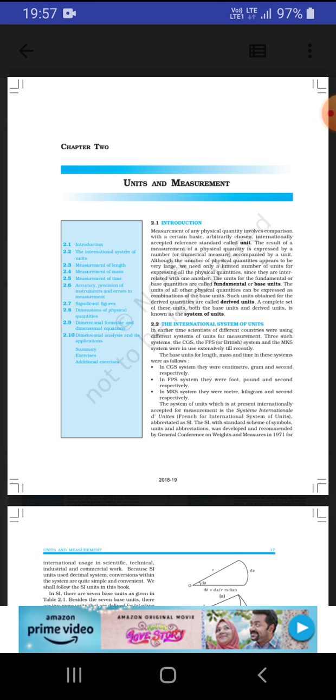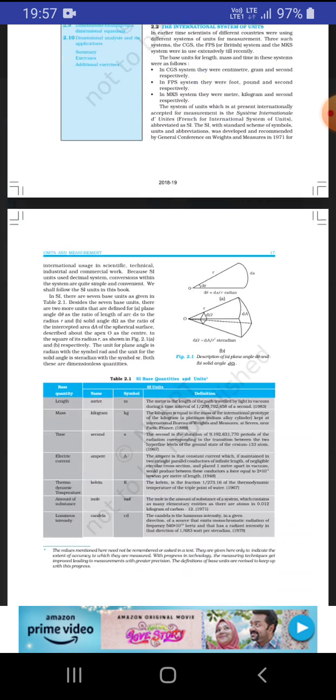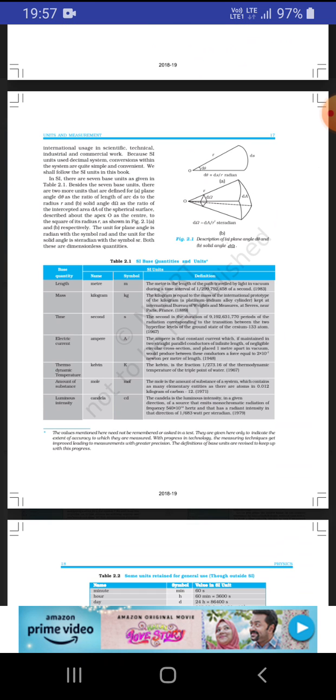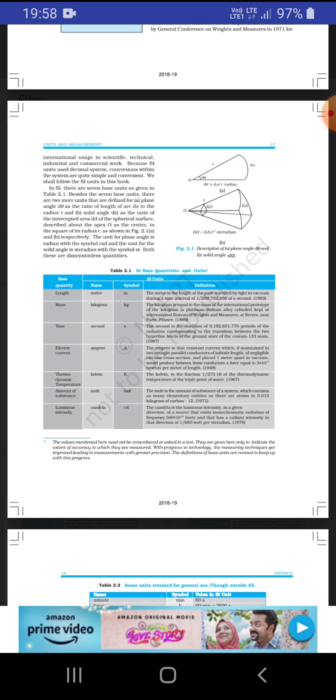And then there is the SI unit system, the standard scheme of symbols, units and abbreviations, which is used to measure many things. While measuring we use many things. There are many techniques used in industry and commercial work, because the SI system uses decimal system conversion within the system, which is simple and convenient. You can see SI units in many physics books.